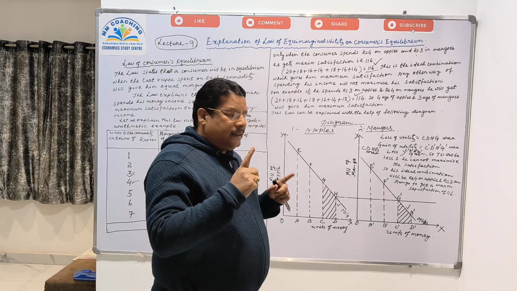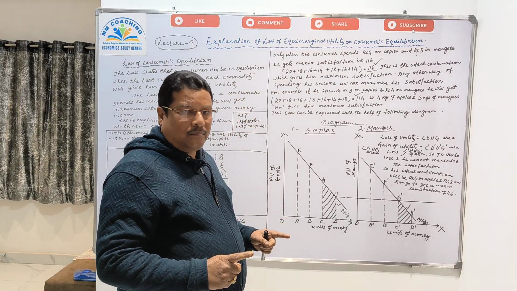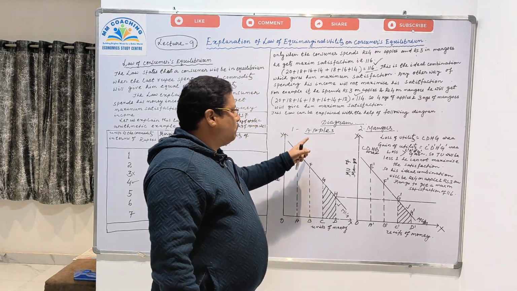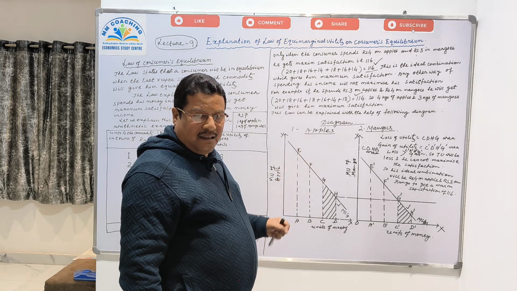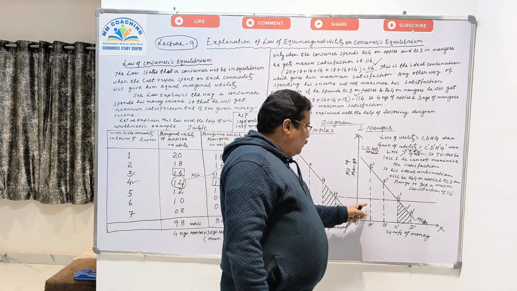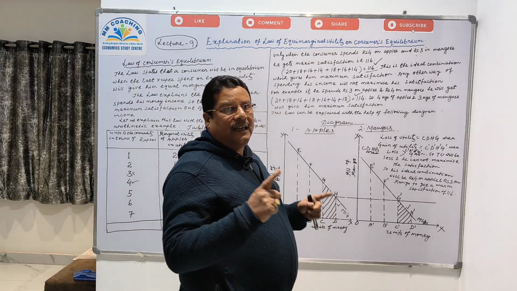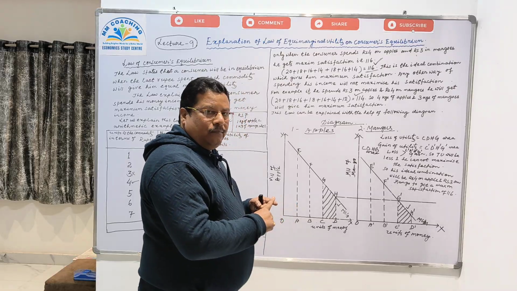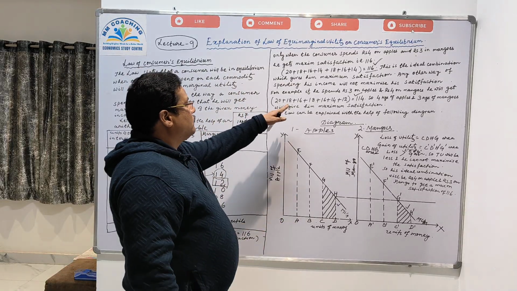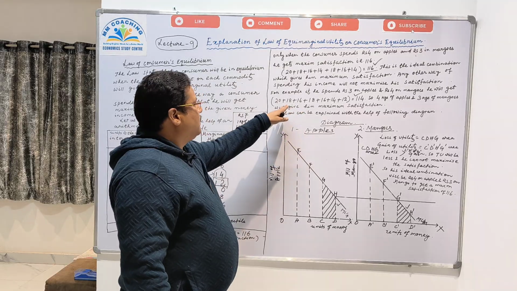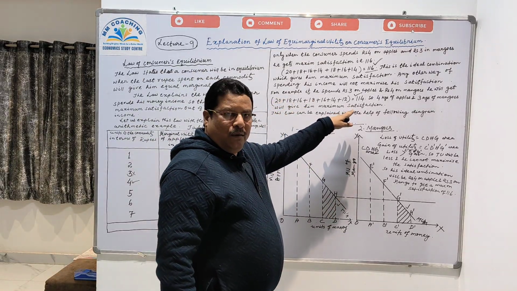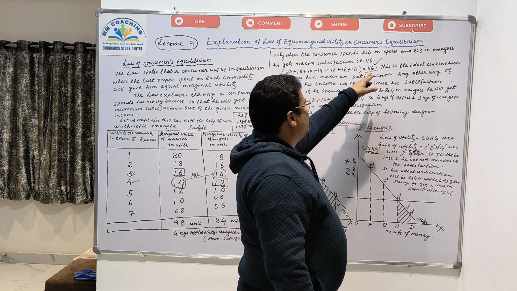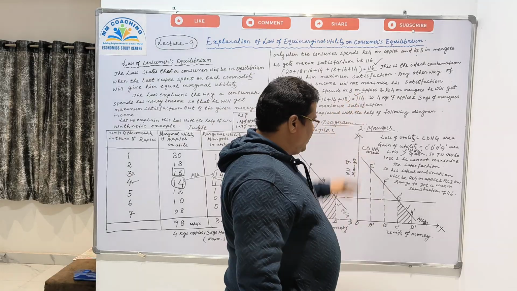So if he buys 3 kilograms of apple by spending rupees 3 and 4 kilograms of mangoes by spending rupees 4, we see in our example that it comes as 114, which is less than 116.